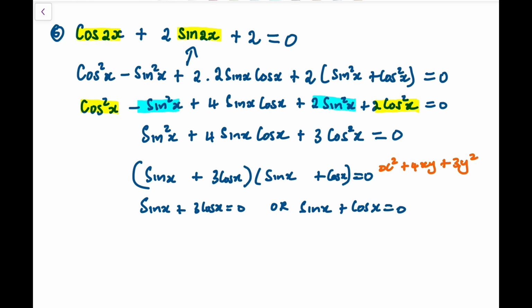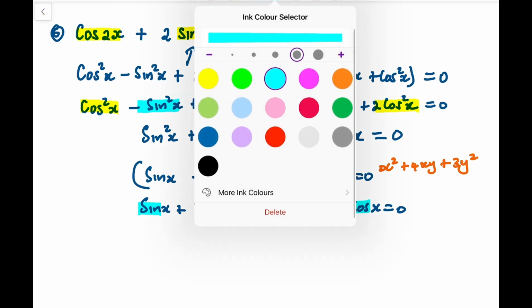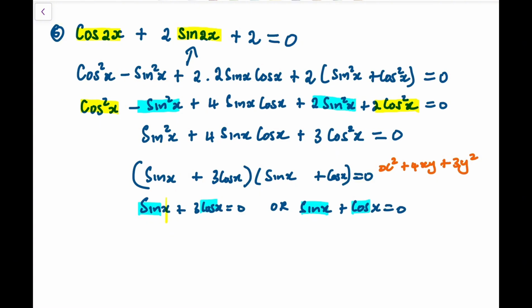And then now you will notice that we have sine and cos, and even here we have sine and cos. Fortunately, if you look at the angles, they are the same, so we can always take it to tangent. We can divide everything by cos x.